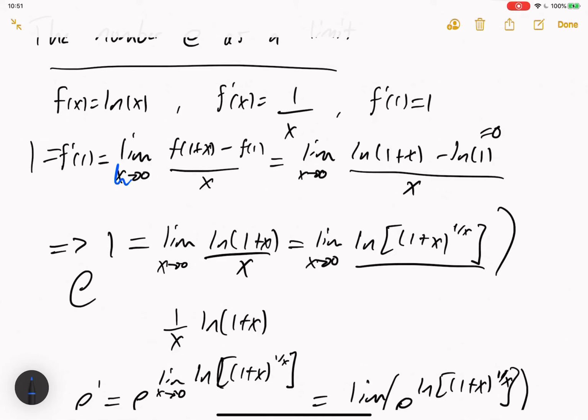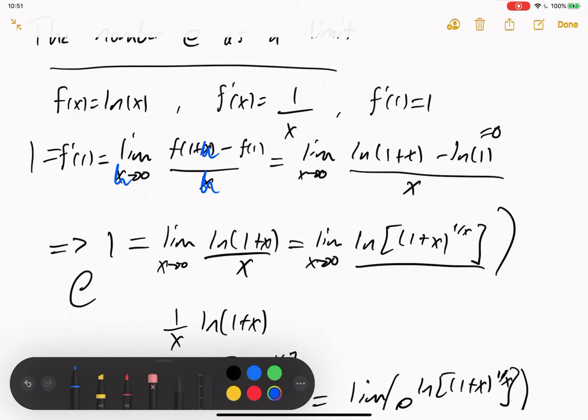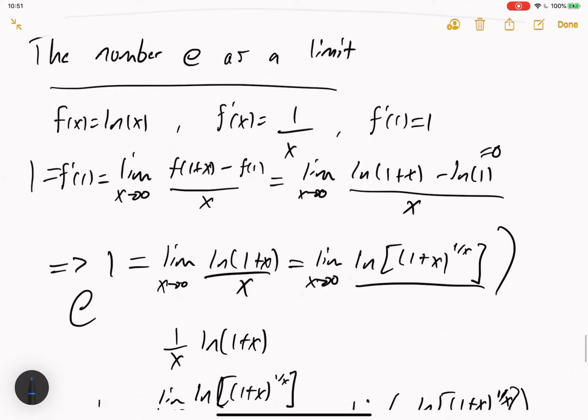Typically we see h right here, so we get f of 1 plus h minus f of 1, divided by h, as h goes to 0. But honestly, the letters are usually just placeholders for whatever we want to call them. So even though it looks a little weird, we can replace that h with x and treat the inside as a function of x.